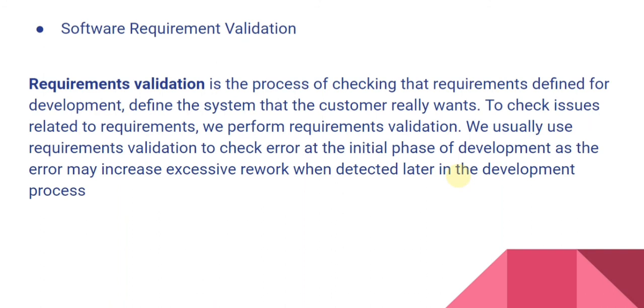So validation is really very important. When validation is performed, the developer team should confirm these things, and after the confirmation it is really very easy to develop a system for the users because it is validated and there is no issue. We usually use requirement validation to check errors at the initial phase of development, as errors may cause excessive rework when detected later in the development process.